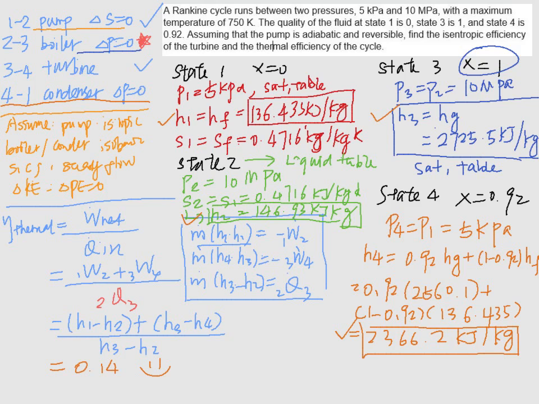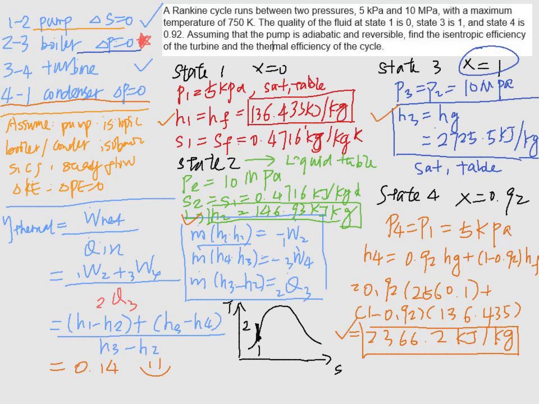If you want to visualize this on a T-S diagram, it's going to be something like this. So S and T. We start with the low pressure, somewhere here, and the quality is equal to 0. That's why it's on the left-hand side of the dome. This is state 1, and we're going to increase the temperature, and it goes up. It should be a straight line, and this is state 2.